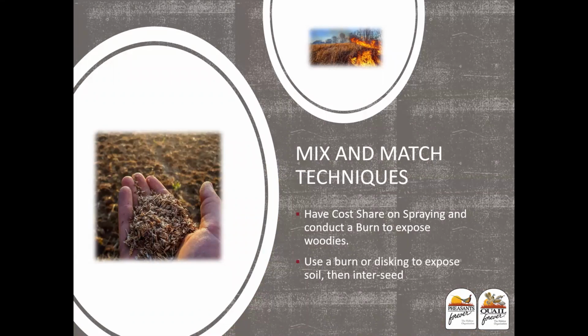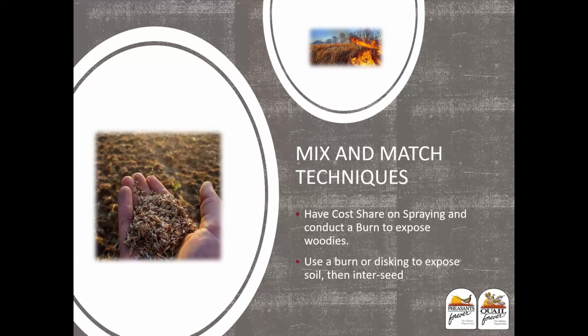What that's going to do is remove a lot of your residue, kill off some of your small woody species, and expose them, so that once spring hits and things start greening up, now your woody species are easier to control, and you can come through on a four-wheeler, side-by-side, or even a backpack sprayer and do the treatment on those woody species. So you can target them better just because they're more visible.